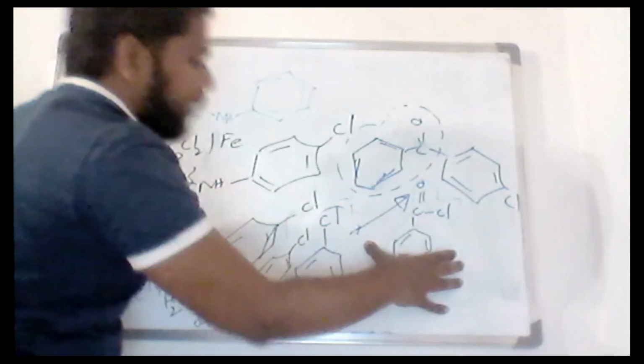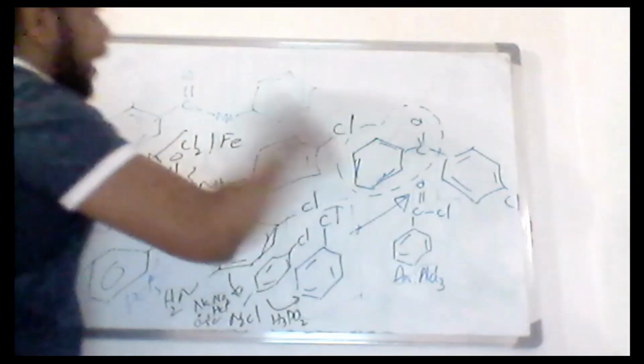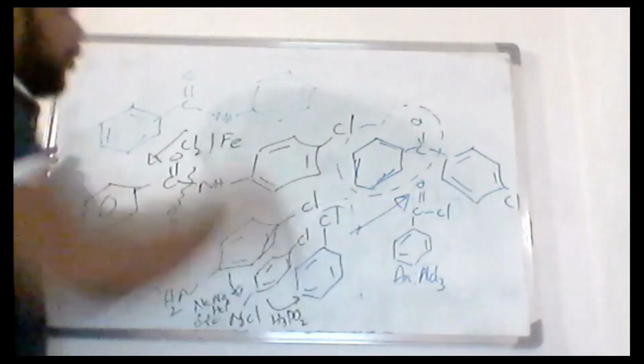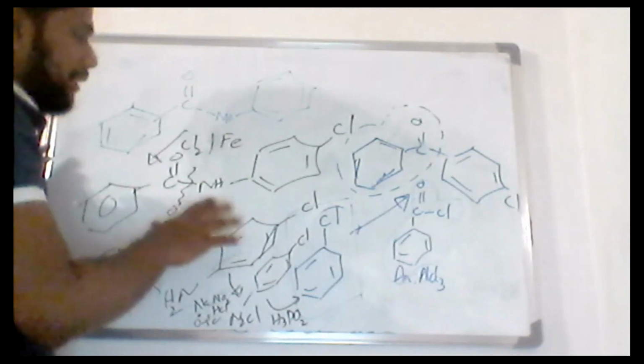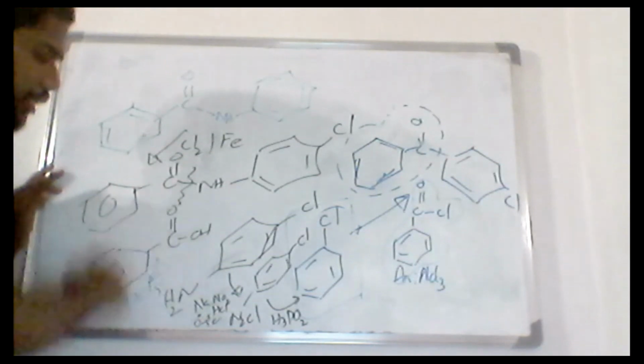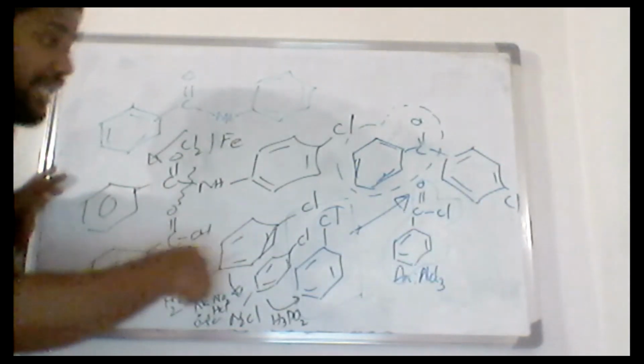So how do you obtain this and this? It is from here. You can first attach a chlorine and you can hydrolyze it to form this one. Or you can first do the hydrolysis, then there will be no chlorine, only this one will form, and you can use PCl5 to convert it to this one, COCl, which is this compound.